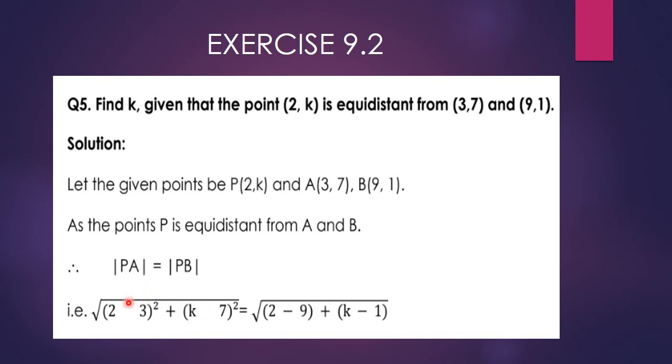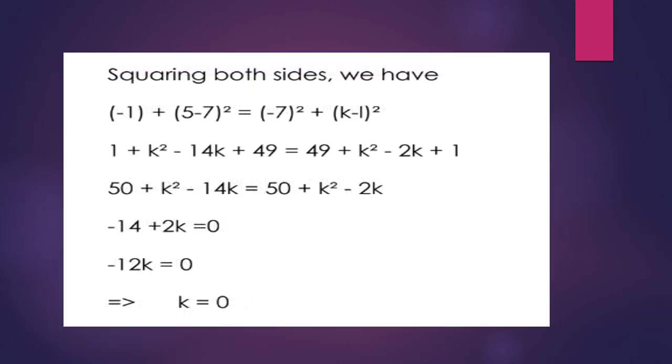So by applying distance formula over here, it will be square root of (2 minus 3) whole square plus (k minus 7) whole square is equal to square root of (2 minus 9) whole square plus (k minus 1) whole square. Taking whole square on both sides, the radical sign will be cancelled out. Now squaring both sides, we will have this equation.